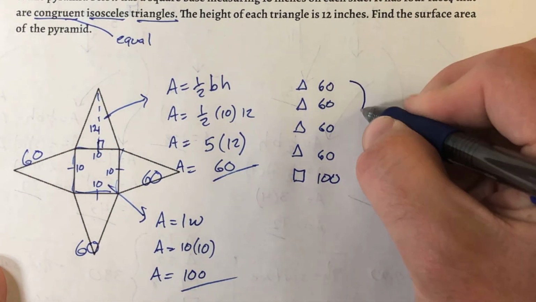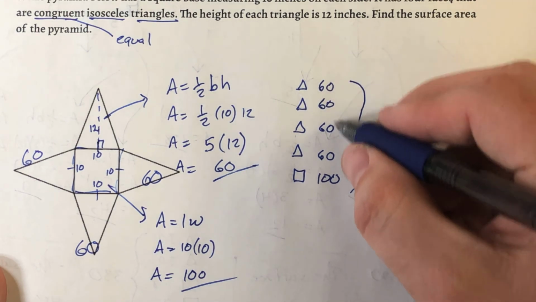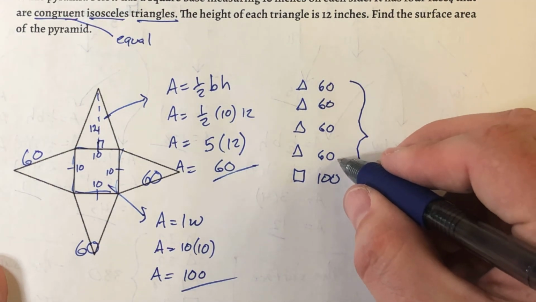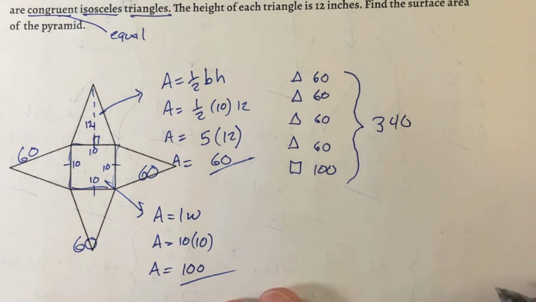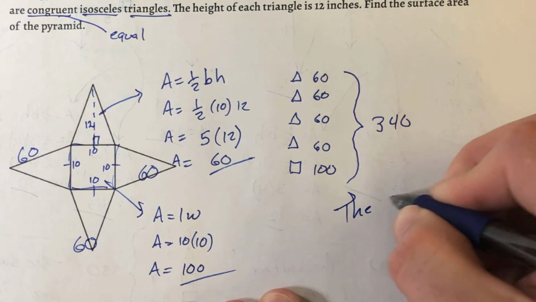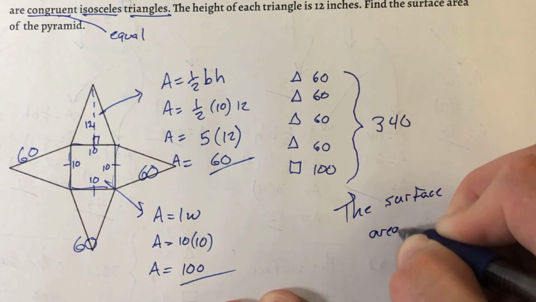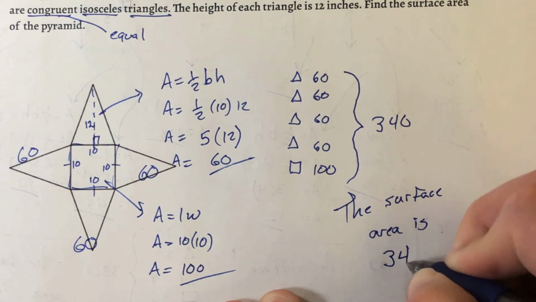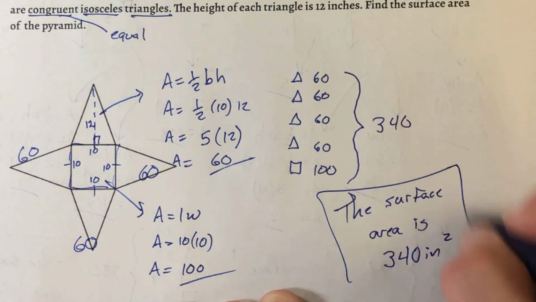So let's add those together. 60, 120, 180, 240 plus 100 is 340. Let's answer it. The surface area is 340 inches squared.